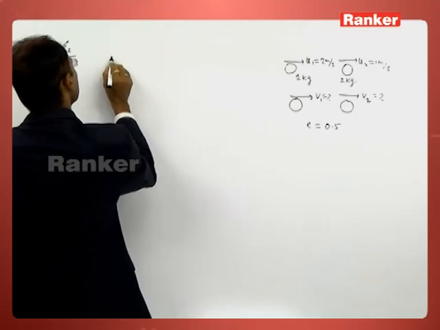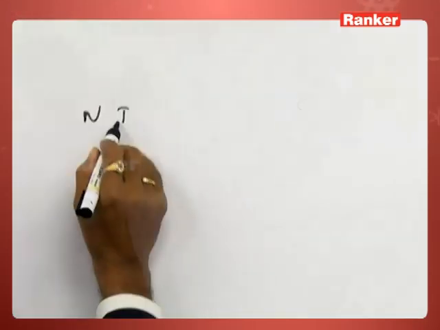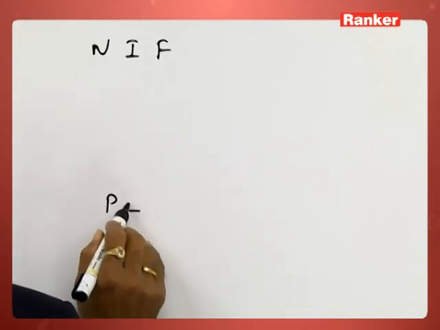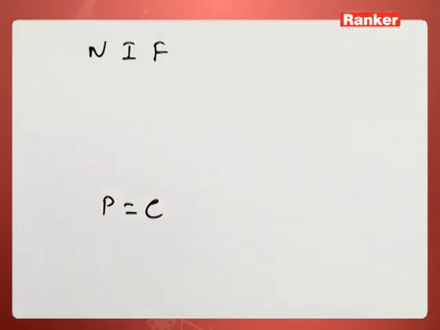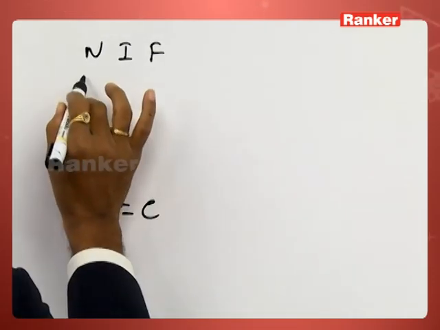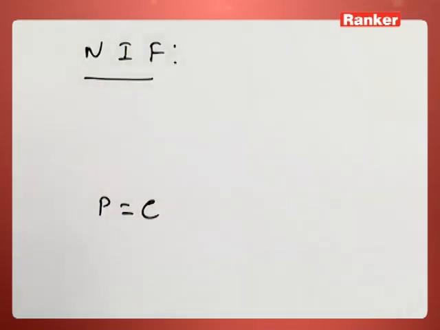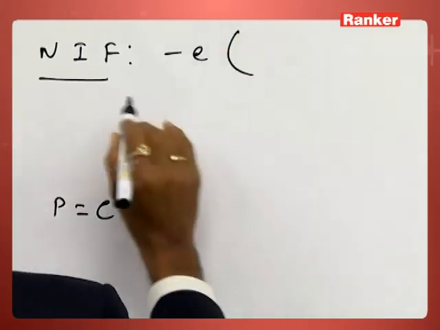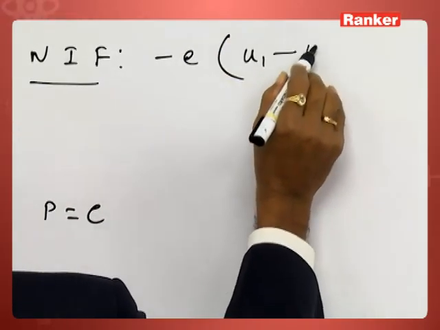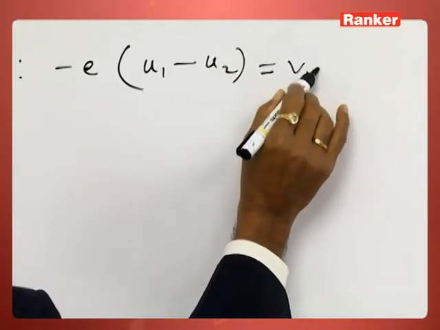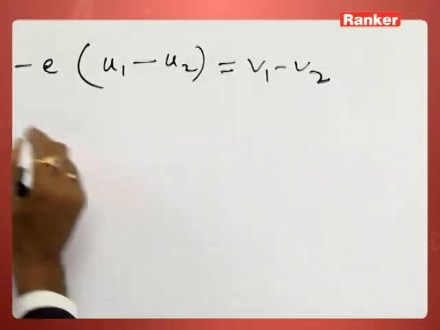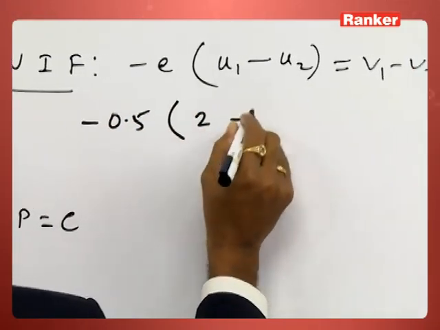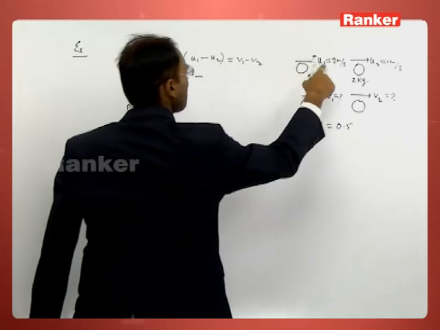Write Newton's empirical formula and conservation of linear momentum. Newton's empirical formula states that minus E into U1 minus U2 is equal to V1 minus V2. E is equal to 0.5, and these are all in the positive direction.